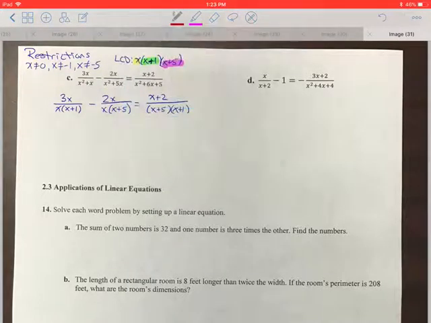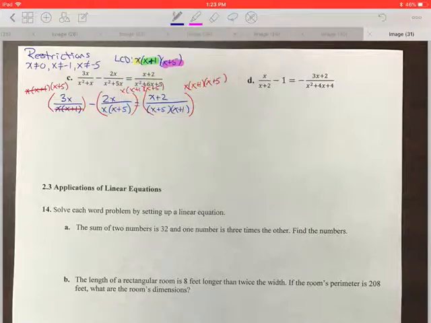All right, so now I'm going to clear my fractions. So for each of these fractions, I have to multiply by x times x plus 1 times x plus 5. And I'm going to do that for all three fractions. I don't have a lot of room, but I'll make it work. And then this one as well. All right, so the x and the x plus 1 are going to cancel here.